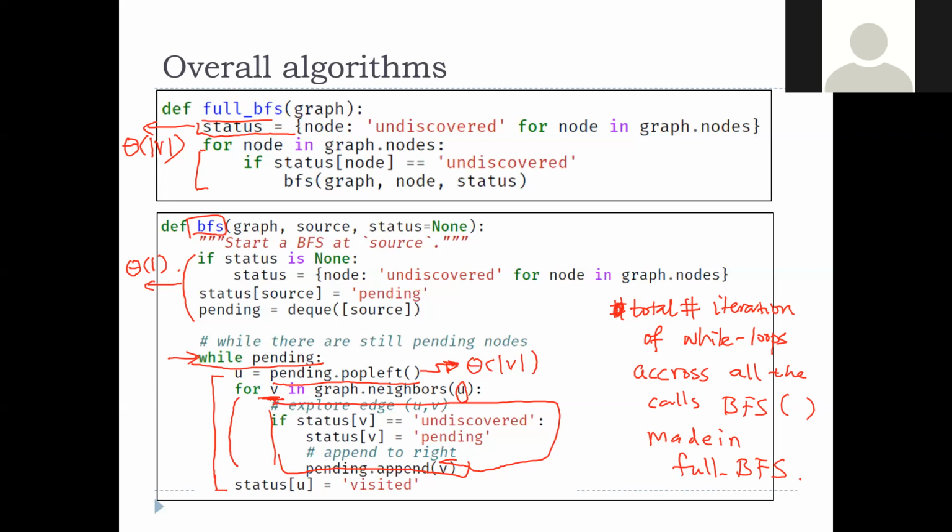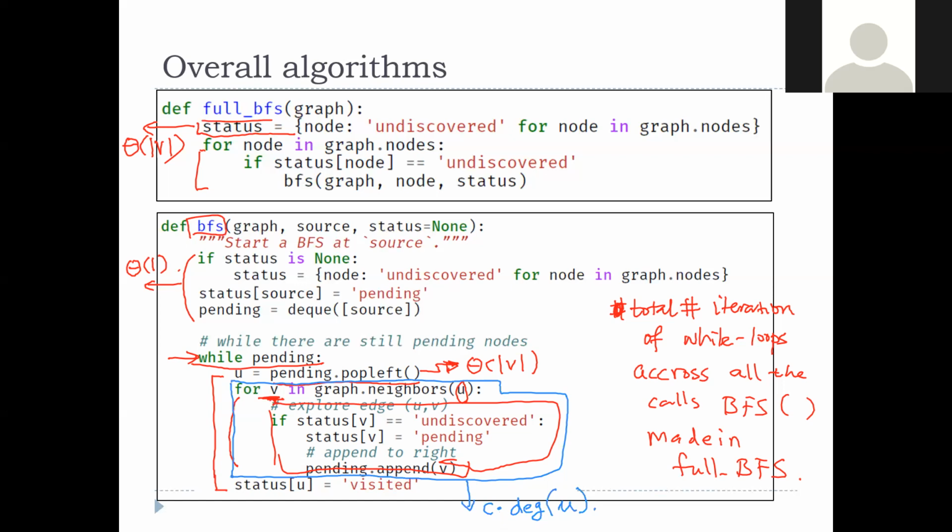So the entire for loop actually takes time proportional to some constant times the degree, or the out degree. I'm using degree with the understanding that if it's a directed graph, it should be the out degree, of this node U.